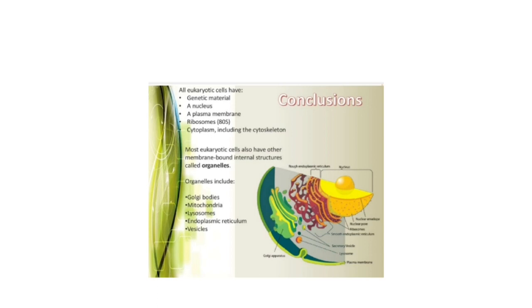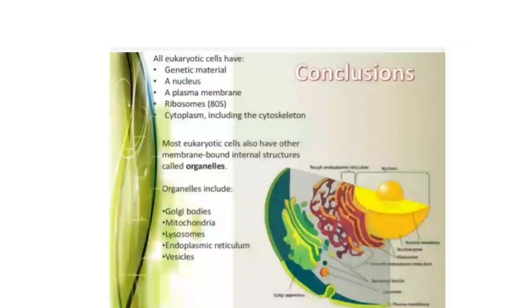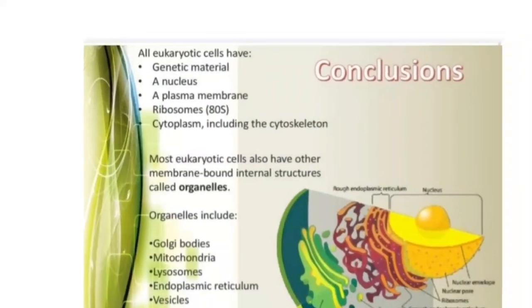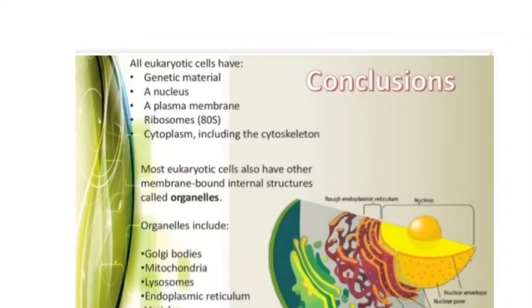So, we will here discuss all about the eukaryotic cell. Then the conclusion of this lecture, that is, eukaryotic cells have genetic material, nucleus, plasma membrane, ribosomes, cytoplasm including cytoskeleton.